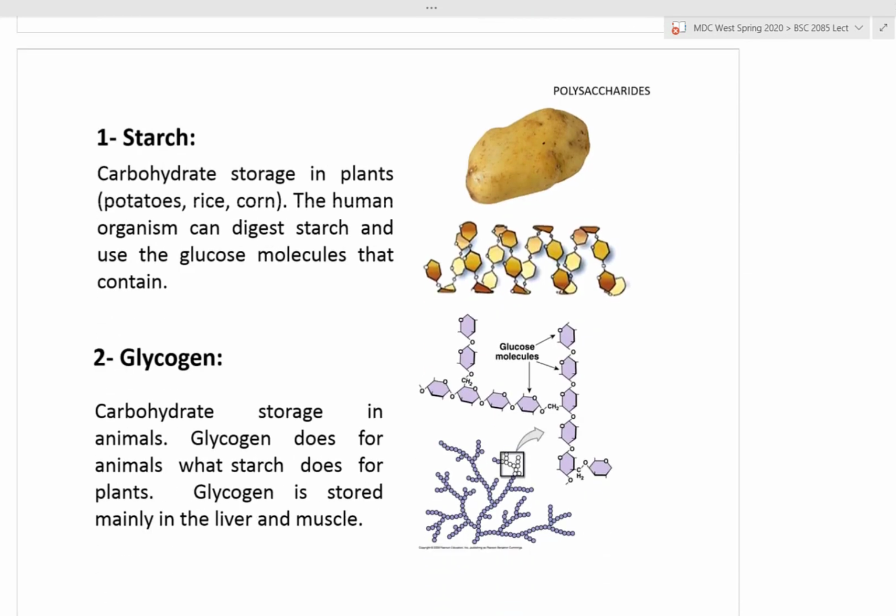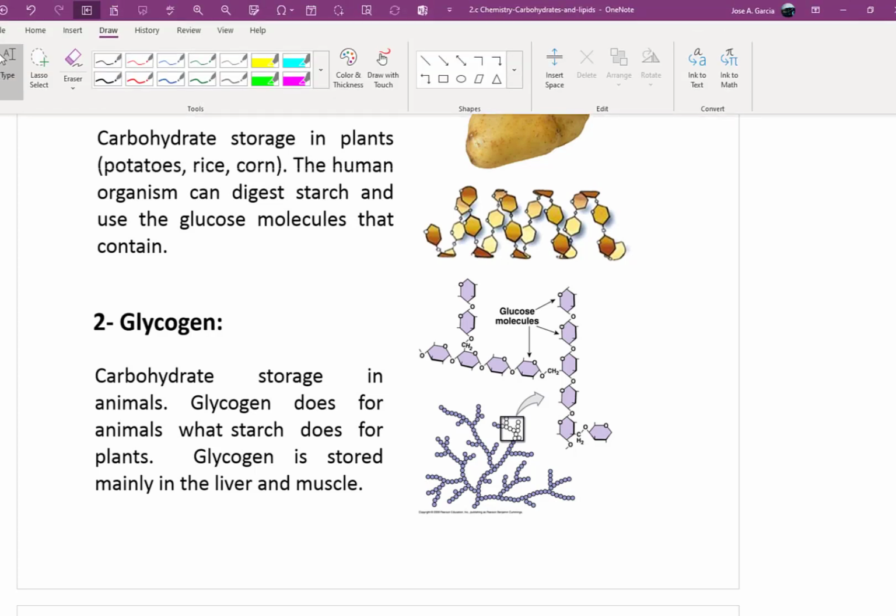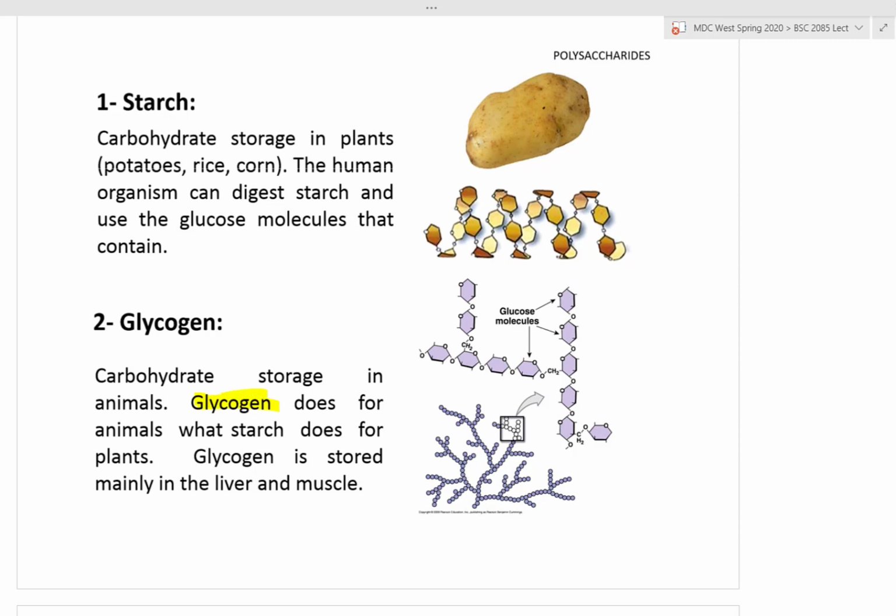Let's talk about those. So starches like what? You got potatoes, glycogen. Let me just go over this one. So glycogen is actually the form of what starches do in the plants. So starch comes in the form of what? Do we store starches?